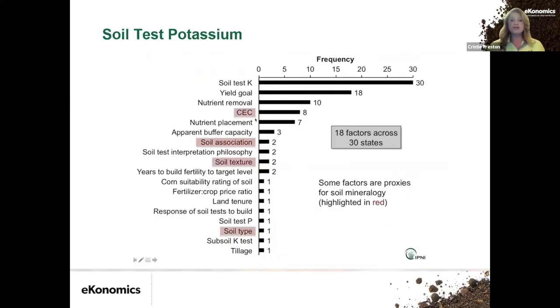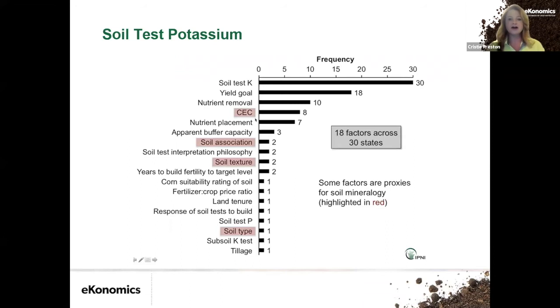When we look at how the soil test potassium is figured, IPNI has done several studies over the years where they look at what information goes into making a soil test potassium recommendation. And out of 30 laboratories, these are the factors that those laboratories use to make soil test potassium recommendations.